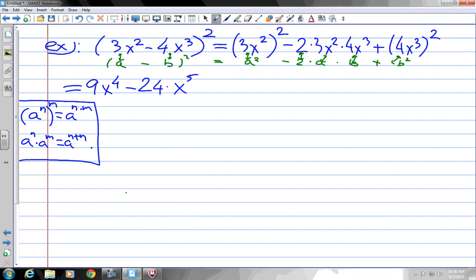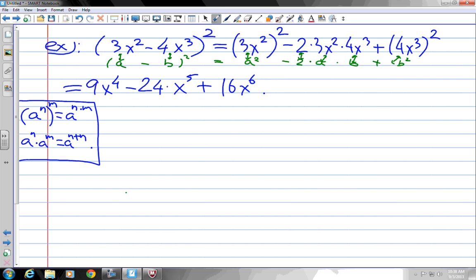So therefore, what is the last term? 16x to the 6. Right. 4 squared is 16, x cubed squared, multiply the exponents, gives you x to the 6th. Good. Is that all right?